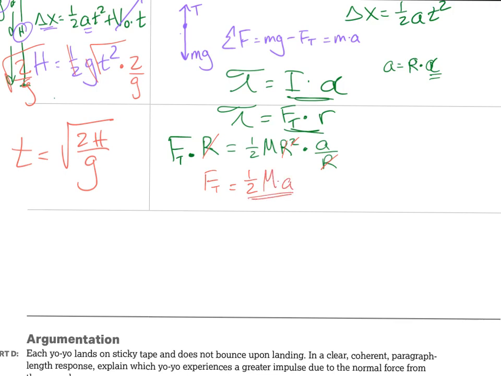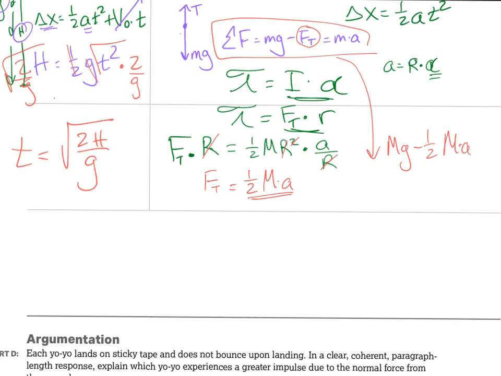So now I have a way of quantifying this force in the equation. It's 1/2 ma, and that's going to help me solve this net force equation. So back up to here, if I take this and start solving, I have m times g minus 1/2 m times a is equal to ma.